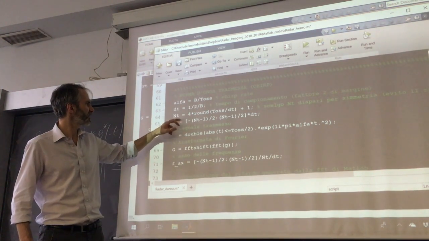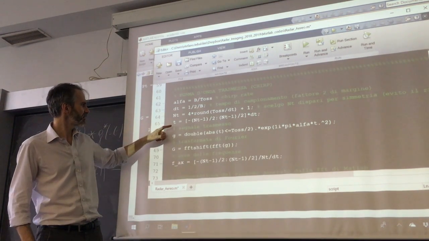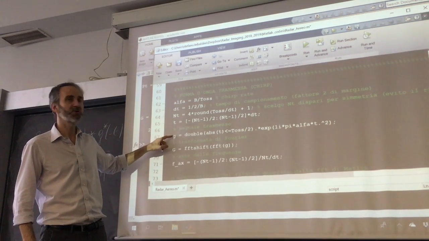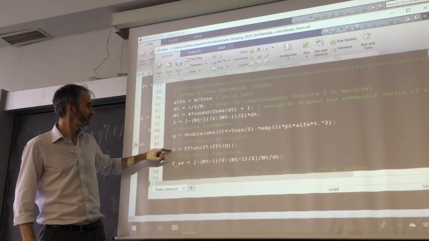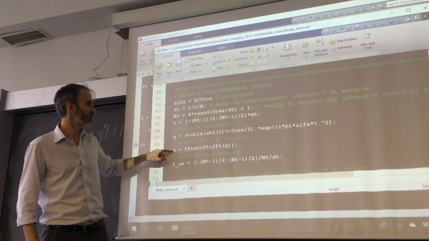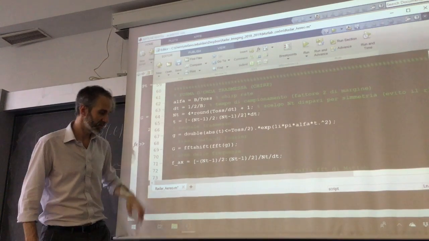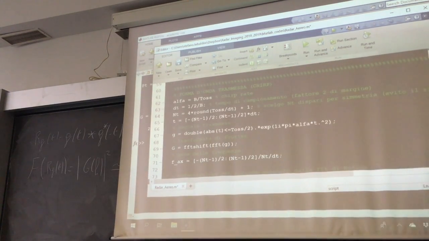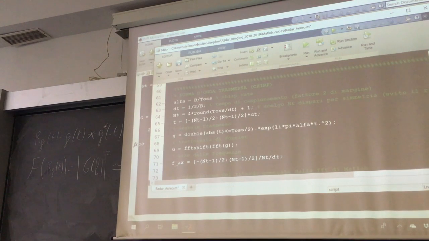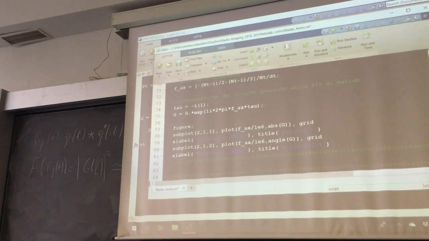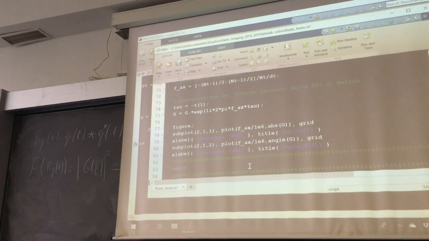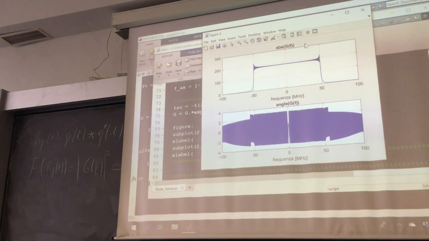This is the total number of time intervals, and this is my chirp. So this G is your chirp. This is the Fourier transform of the chirp, and this is the frequency axis. There you go. This is the Fourier transform of your transmitted chirp.